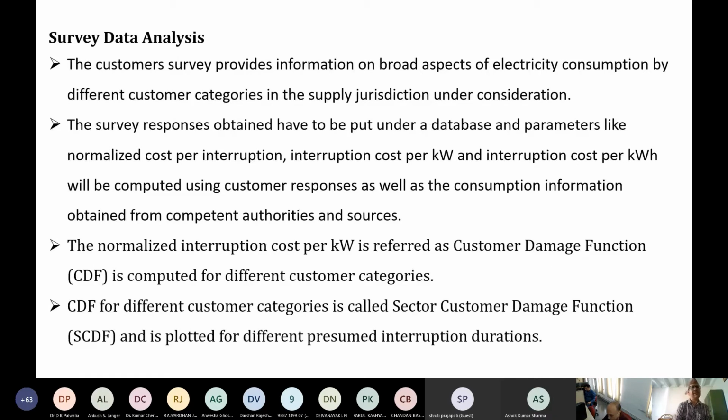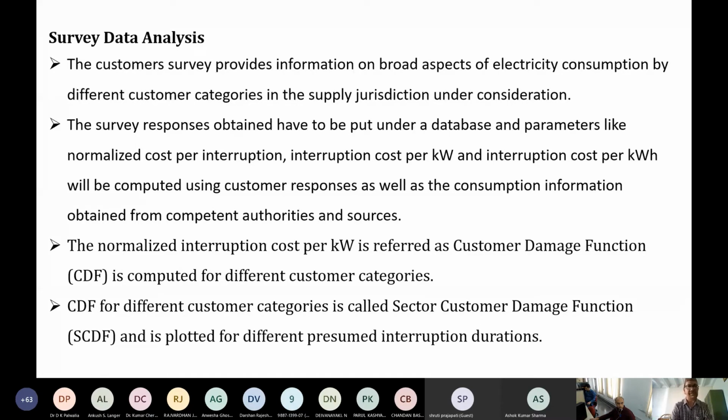And once the customer survey has been completed, we have the customer survey data. So from the customer survey data, what do we get? Usually the customer survey provides information on broad aspects of electricity consumption by different customer categories in the supply jurisdiction under consideration.